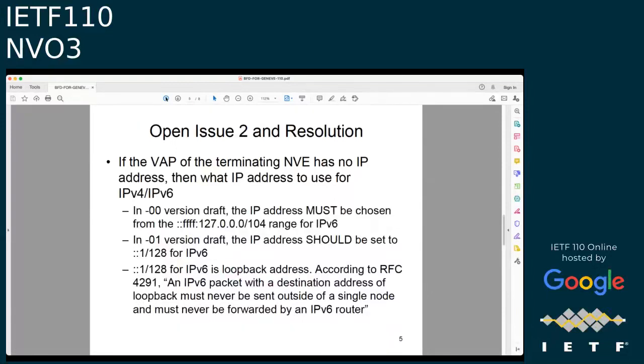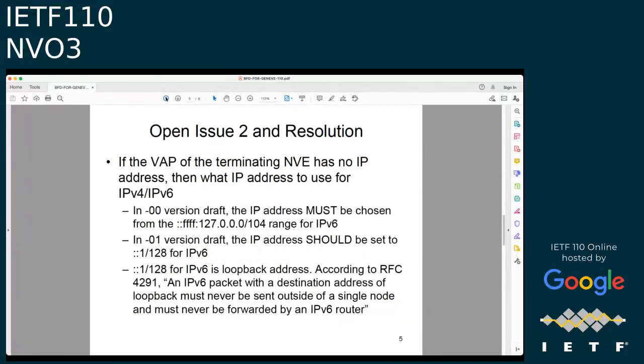Right. So yeah, again, that's the case. If the VAP doesn't have IP, then I would imagine that Ethernet encapsulation will be in place. Okay. Anyway, I'll take a look at it, and if I have any comments. Thank you.